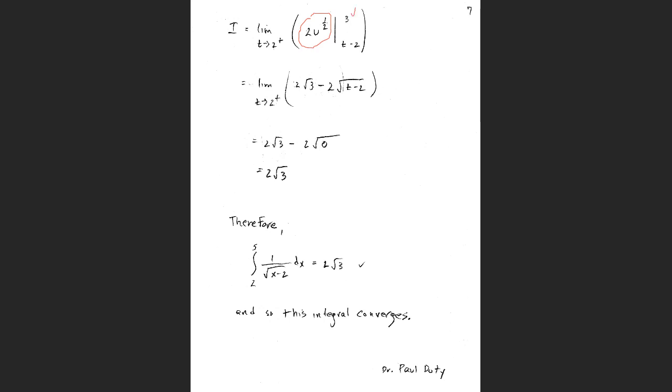I've got limits of 3 and t minus 2, and I'm going to feed them in. Then I'm going to take the limit at the end. As t approaches 2 from the right, this is going to approach the square root of 2 minus 2, which is the square root of 0.